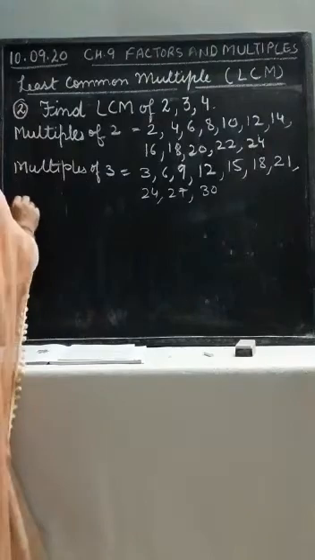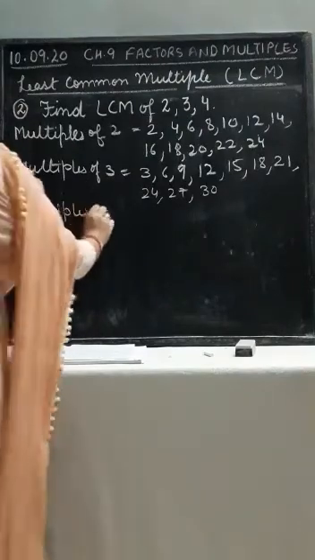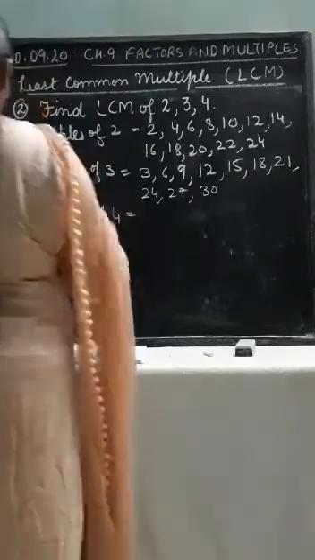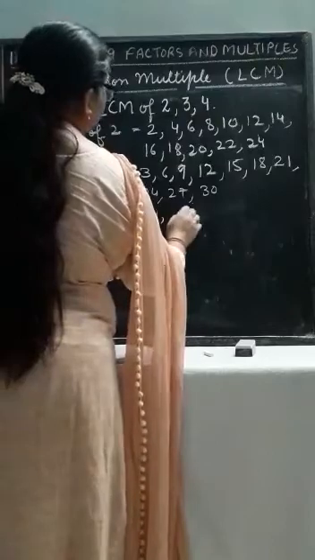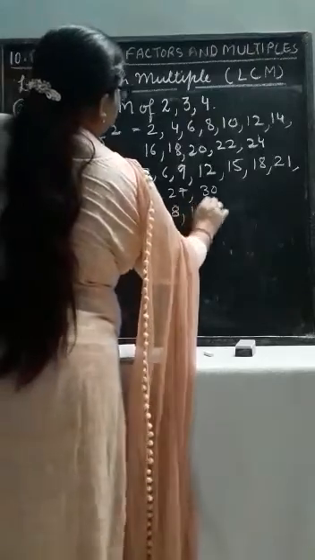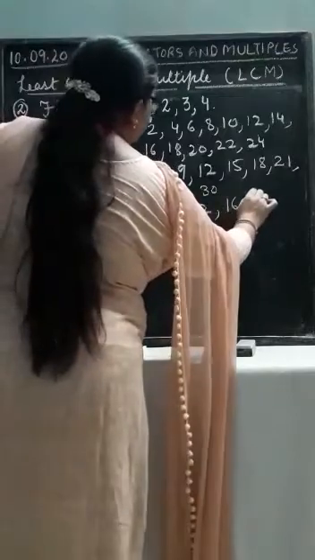Multiples of 4. 4 ones are 4, 4 twos are 8, 4 threes are 12, 4s are 16, 5s are 20 and so on.